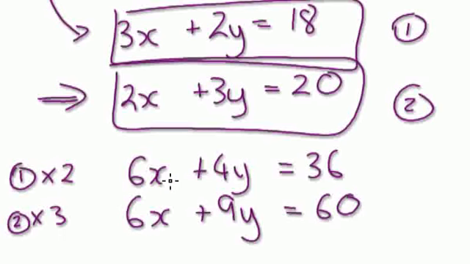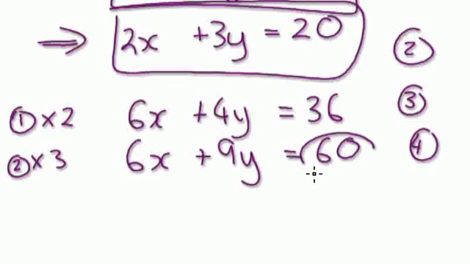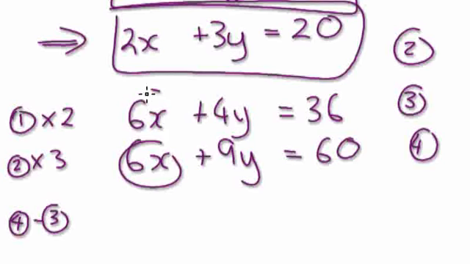Now we can eliminate the x. So get one, take away the other. Let's call this equation 3, equation 4. If we get 60 take away 36, we're going to get a positive answer. So I'm going to get equation 4 and then take away equation 3. This take away this will give us nothing.